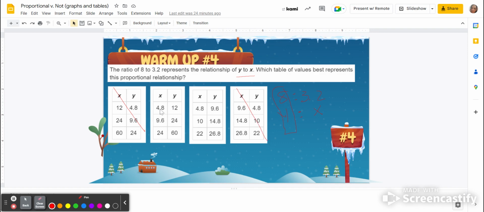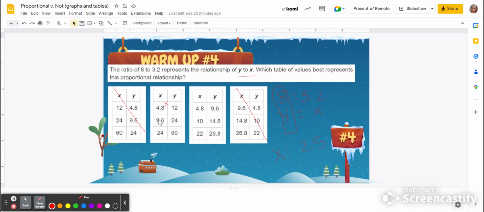So now I've got to figure out, okay, to get from x to y, I need to multiply by something. But to find out what I multiply by, I divide. So I'm going to divide 8 divided by 3.2 to get my magic number. And my magic number is times 2.5.